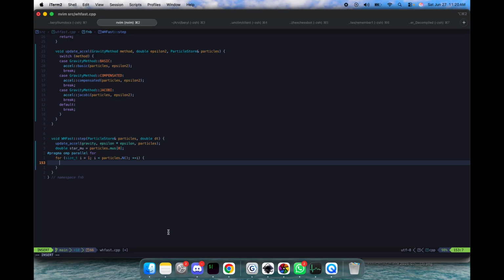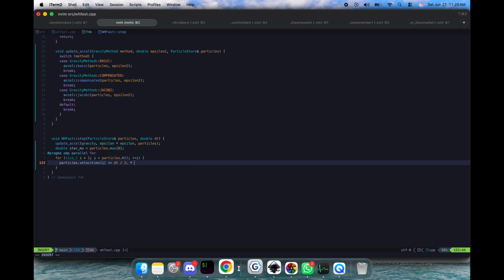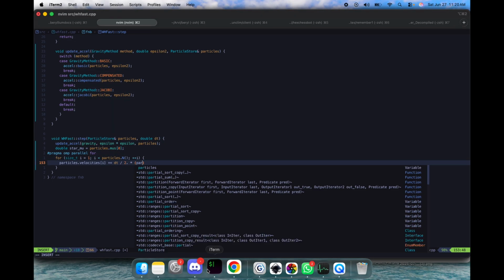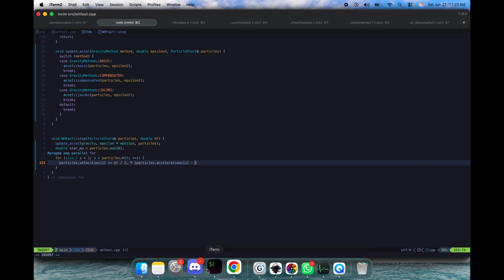Okay. So now, what do we do? So you have particles dot velocity index I plus equals dt divided by 2 times particles dot accelerations index I minus, that'd be the distance, so that'd be just the mu times star mu times what is it gonna be?